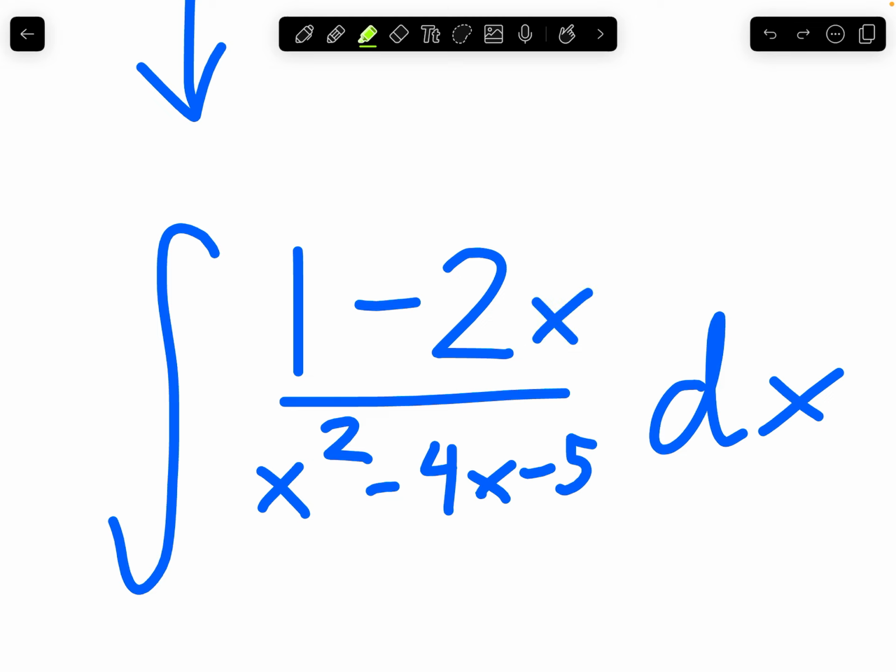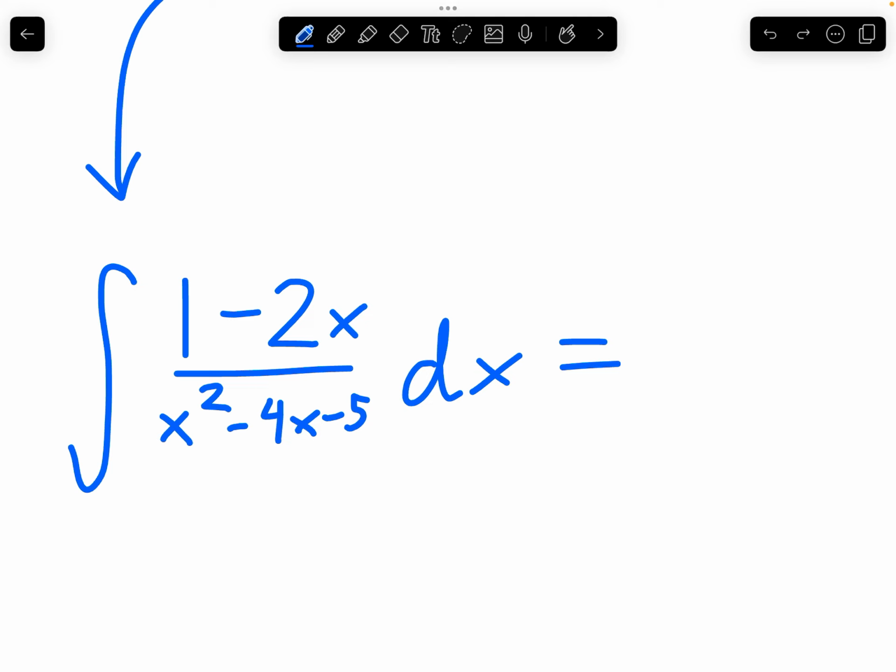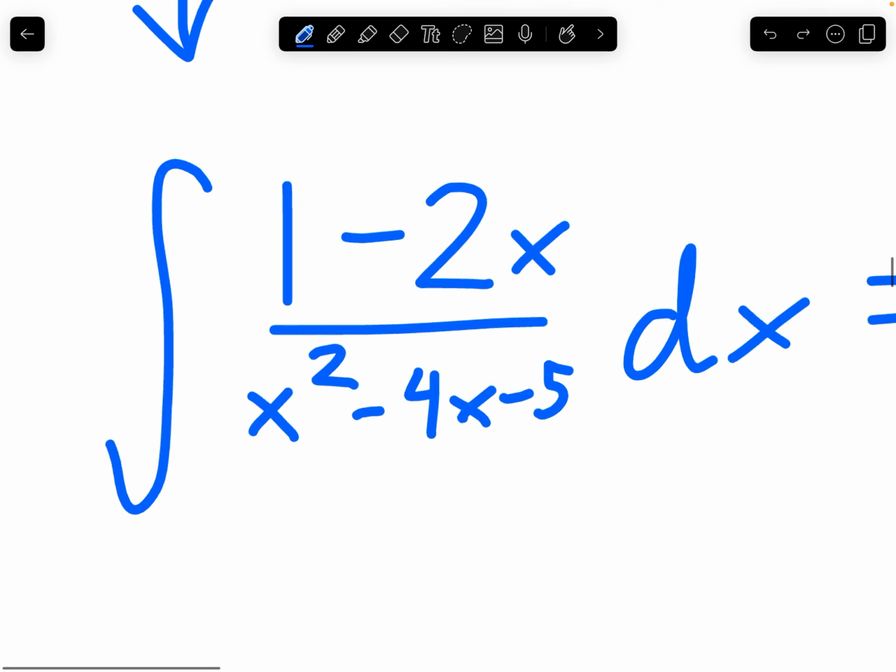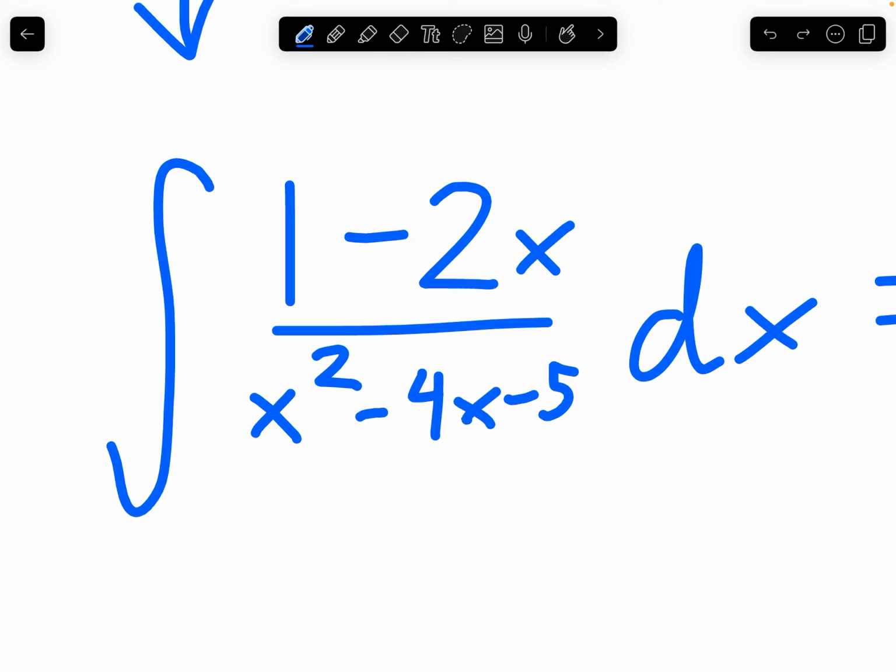Next up, in this case, you also want to make sure that you have two polynomials, one on the numerator and one on the denominator, and that this isn't really a problem you could do using u substitution or integration by parts. So this is not easily solvable via u substitution or L'Hopital.